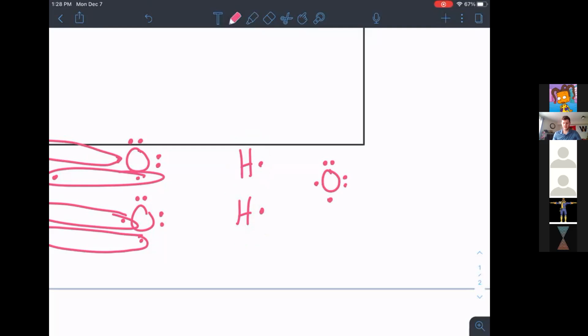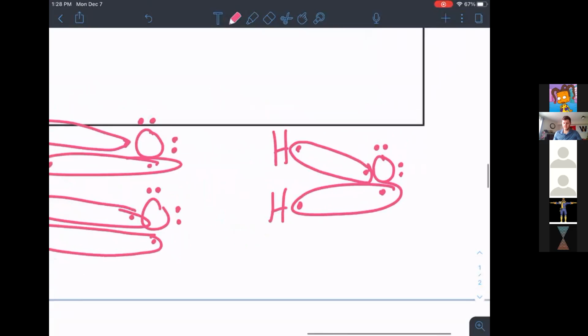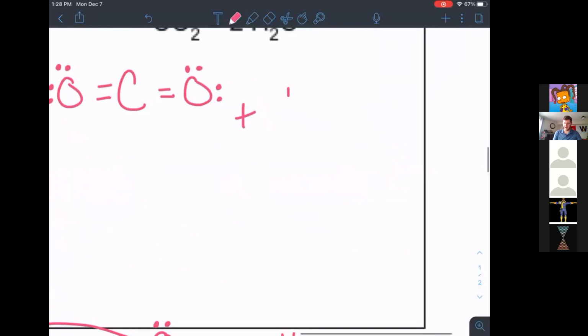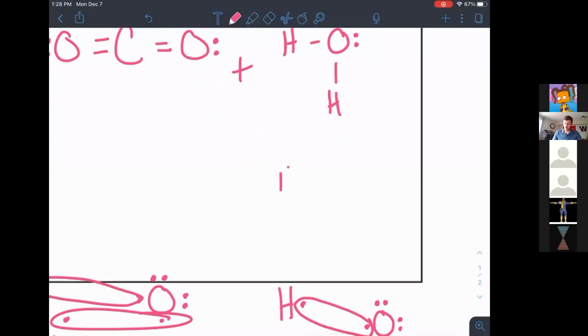We're going to have 1 between each for a total of 2 bonds. So we have our H, O, H. And we have 2 of them, so we have to draw 2 water molecules.